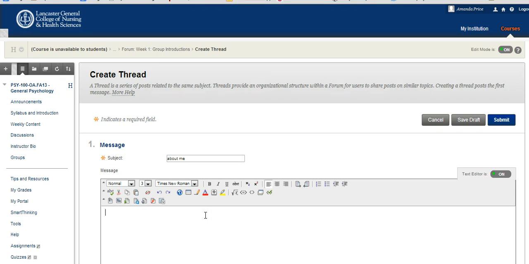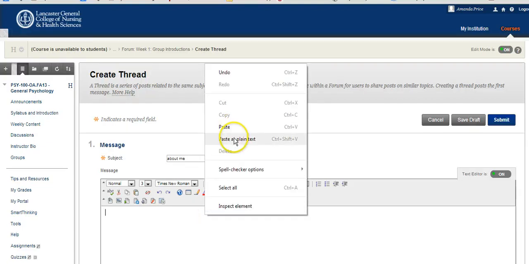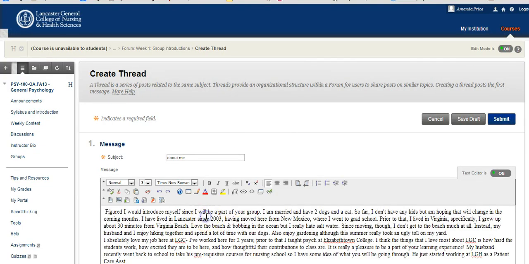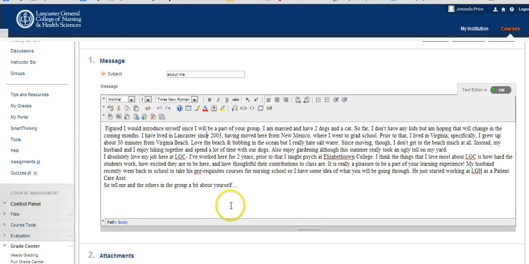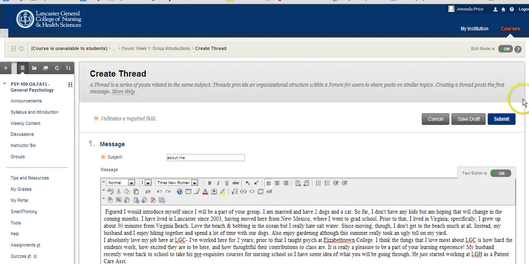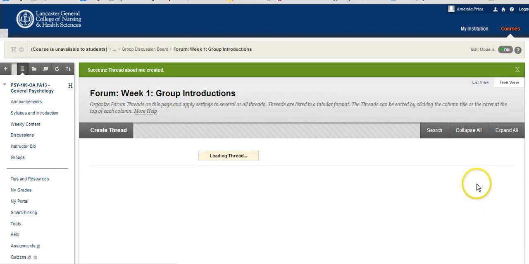And I had composed something in Word, so what I will do is paste it in. All right, so this is what I have from before. Blackboard does give you a little bit of a spell check. So I would look at this and say, okay, everything looks good, sounds right, and submit it.